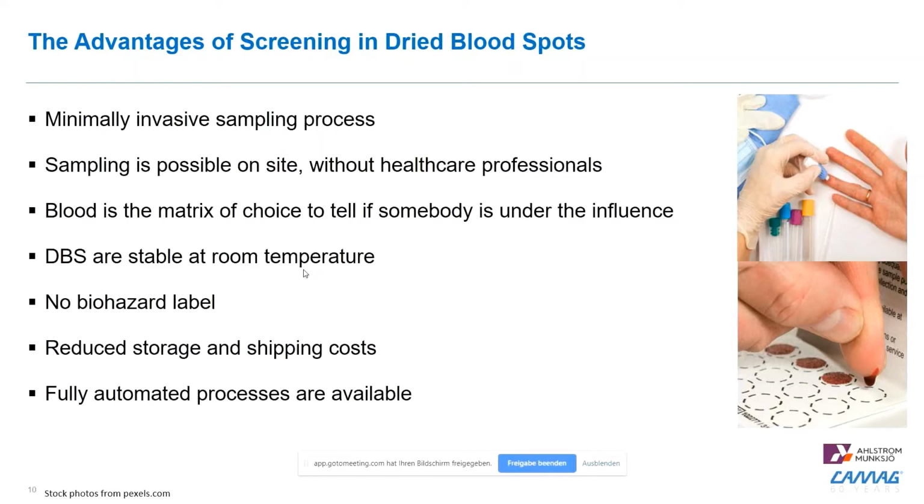This cannot necessarily be done by using urine or hair samples. Additional advantages are that DBS are stable at room temperature, do not need a biohazard label, have reduced storage and shipment cost, and the analysis itself can be performed fully automated.